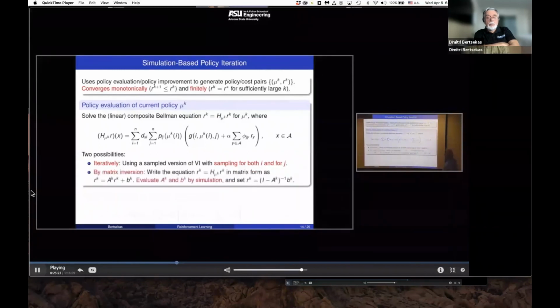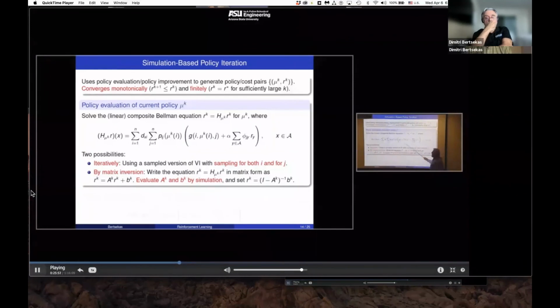But there's also an alternative. Look at this equation, okay? Rk is on this side and Rk over here. It is a linear matrix equation, right? And it can be written in this form, where Rk appears on the right-hand side and on the left-hand side with linear coefficients that I collect in a matrix Ak.